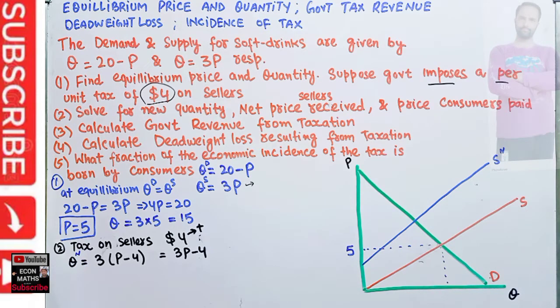Now again the new equilibrium will occur where demand and supply intersect. So our new equilibrium will be where quantity demanded is equal to the new quantity supplied.